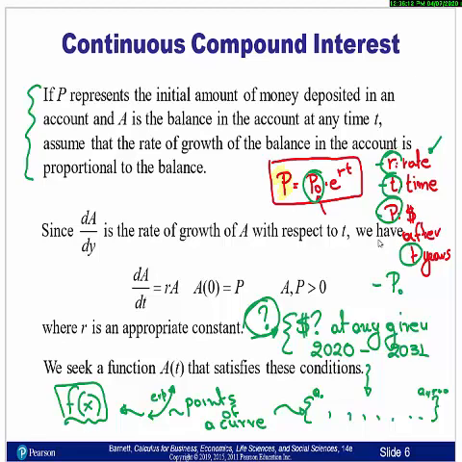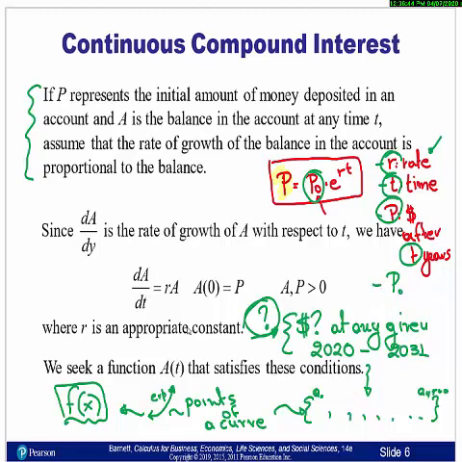Now, the easiest way to solve this equation is by taking the integral of both sides of the equation with respect to time. Okay? So, with respect to time. And in order to do that, what I get is, on the one side, the integral of 1 over A times dA, and on the other side, I take the integral of R dt.